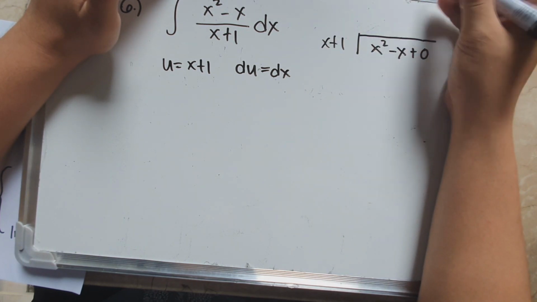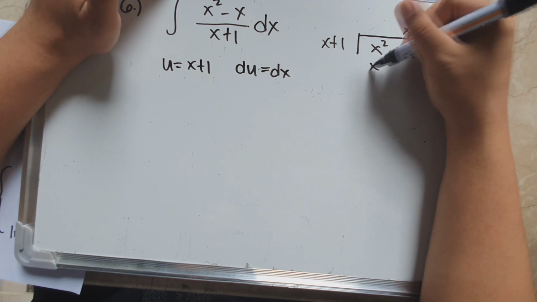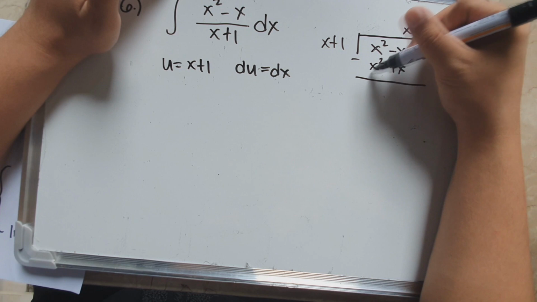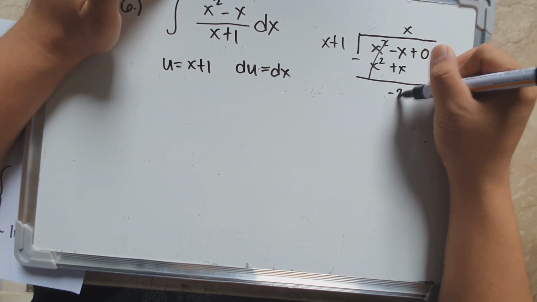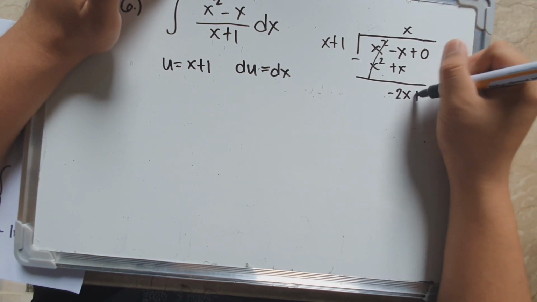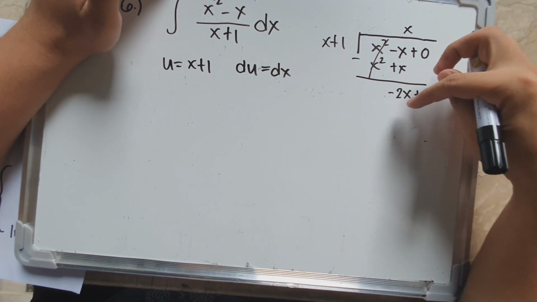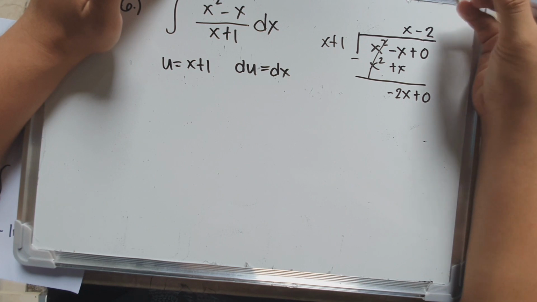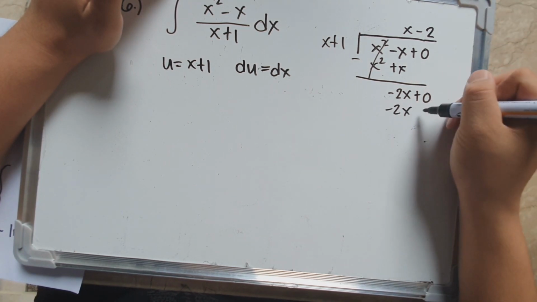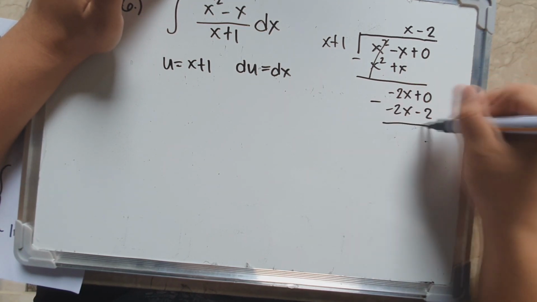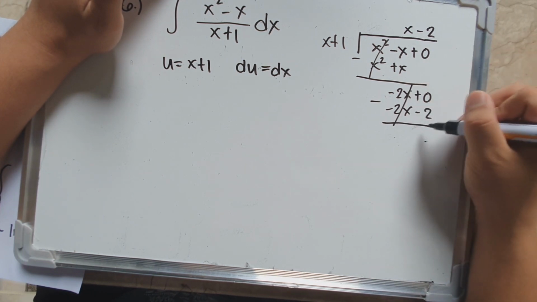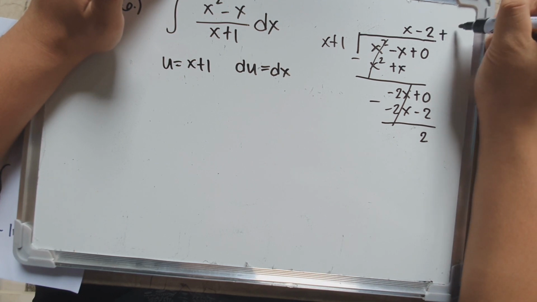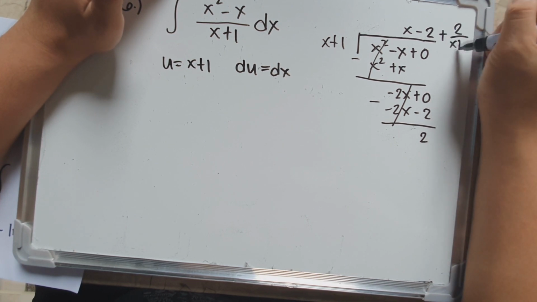To eliminate x squared, let's multiply with x squared plus x. Subtract, cancel. We have negative 2x plus 0. To eliminate negative 2x, we'll multiply minus 2. So we now have negative 2x minus 2. Subtract. We'll be canceling this one out, and we have positive 2. We have a remainder of 2 over x plus 1.